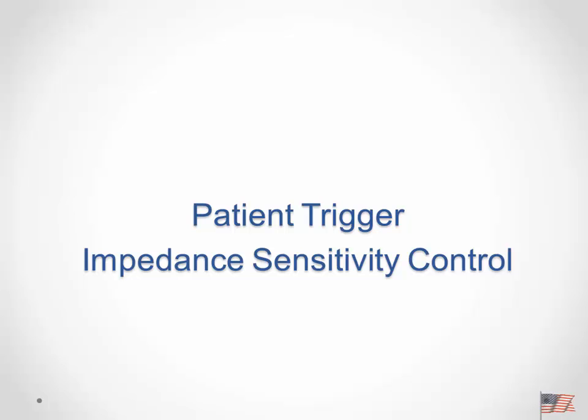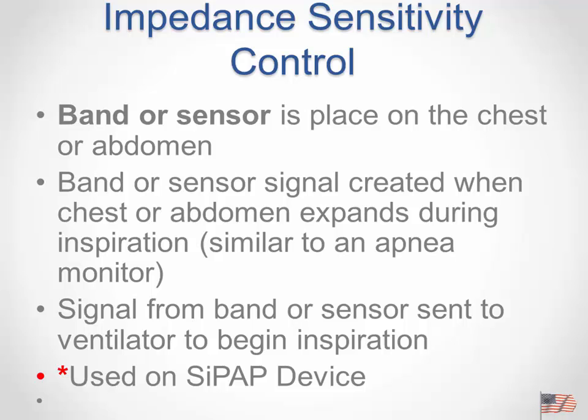Impedance means it's going to change in the impedance of the chest wall or the abdomen. A sensor, in this case, is placed either on the chest wall or on the abdomen, and a signal is created when the chest or abdomen expands. This is kind of how apnea monitors work, if you've ever placed an apnea monitor on an infant.